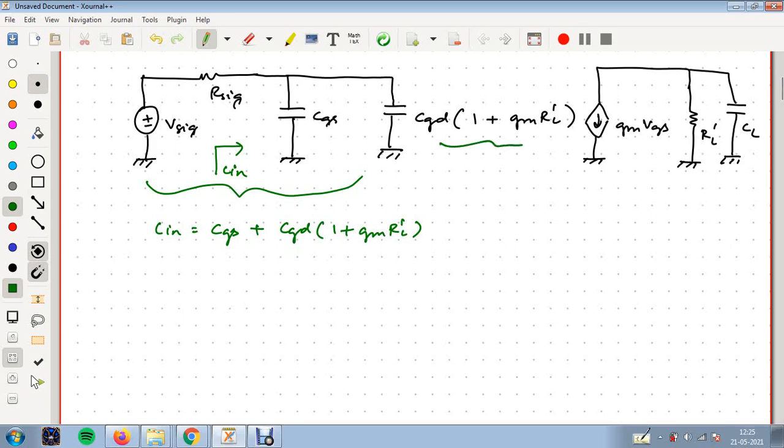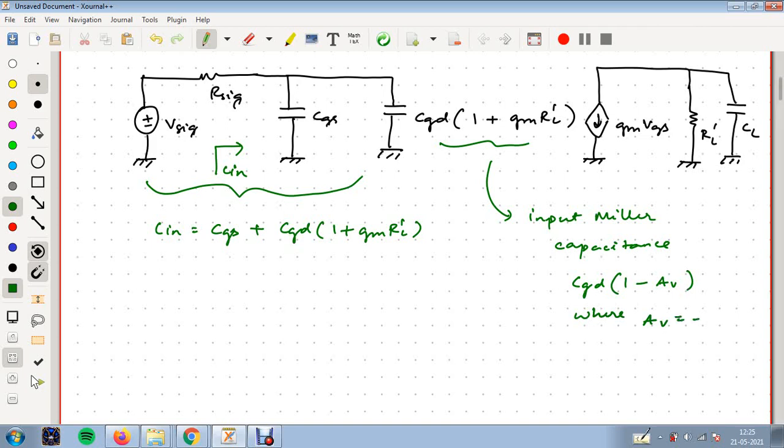This is actually the input Miller capacitance, and it is of the form CGD into 1 minus AV, where AV is minus GM into RL prime. So that is what this is.